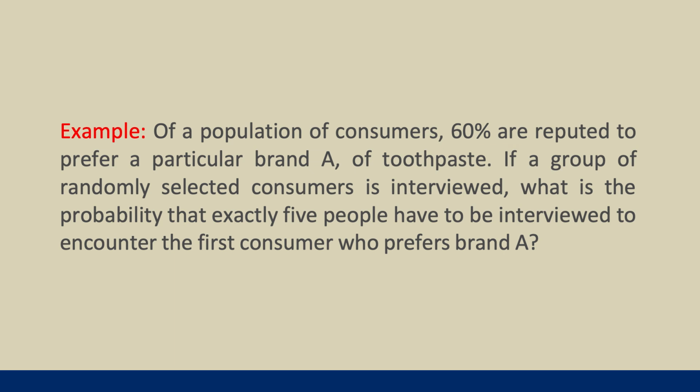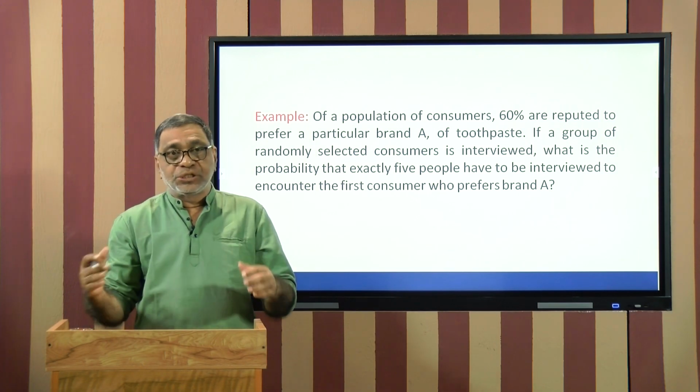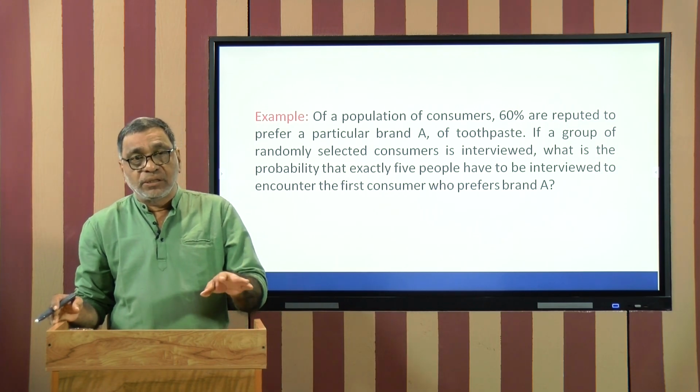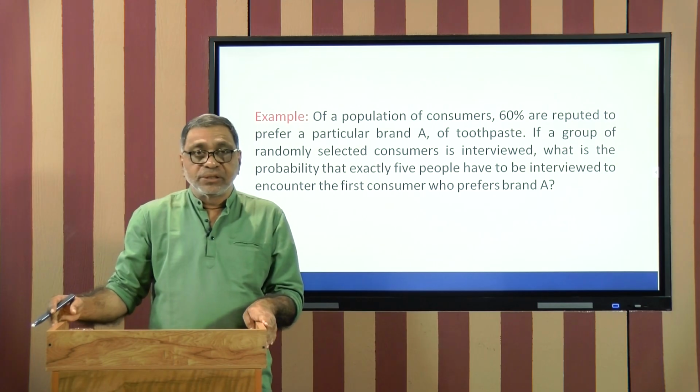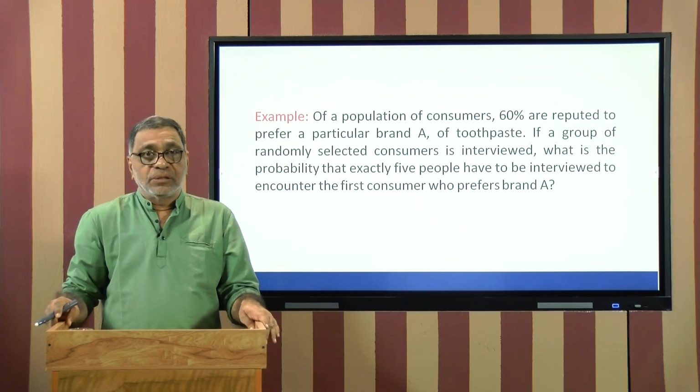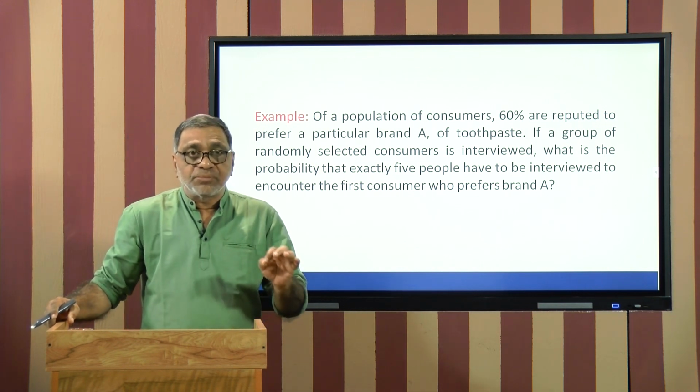Suppose a group of randomly selected consumers is interviewed, what is the probability that exactly 5 people have to be interviewed to encounter the first consumer who prefers brand A? So, this is a practical situation where we are modeling this type of experiment with a geometric probability distribution. What is the concept behind this?